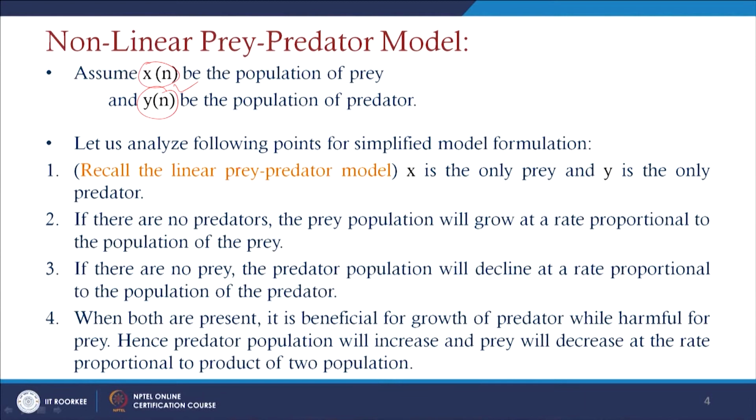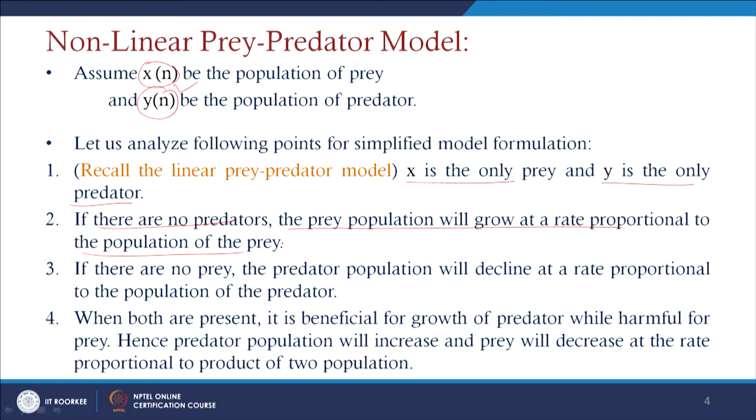Recall the linear prey-predator model, where x is the prey and y is the predator. If there are no predators, the prey population will grow at a rate proportional to the population of prey. Already we have explained this.